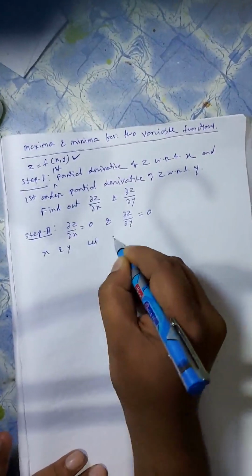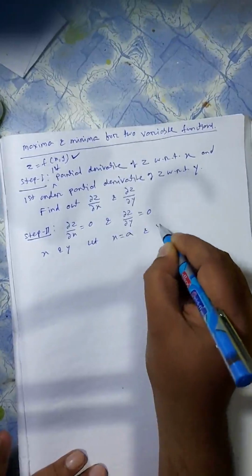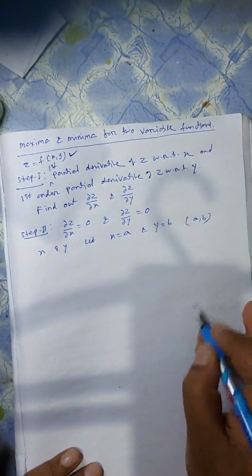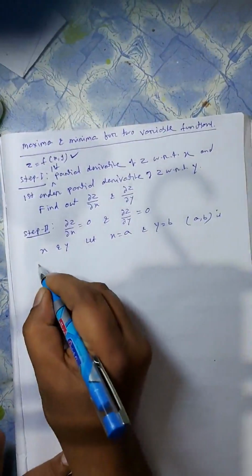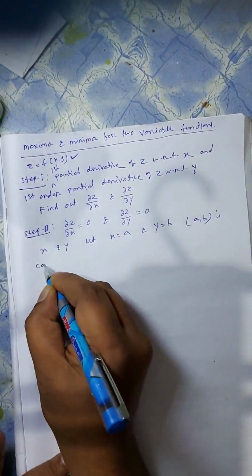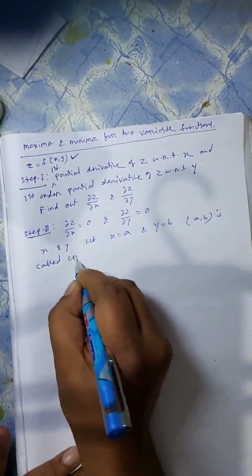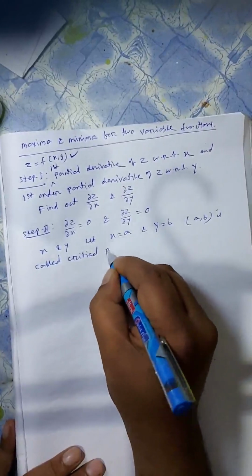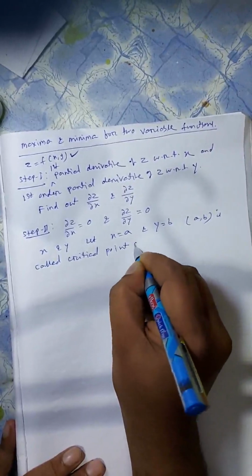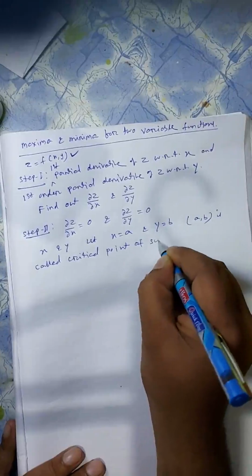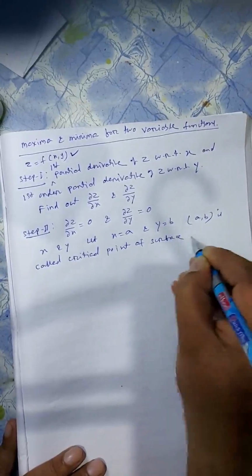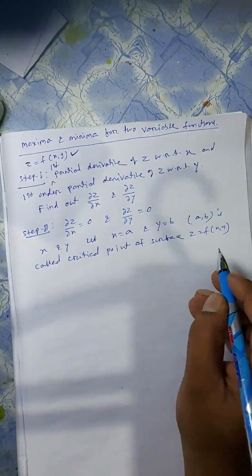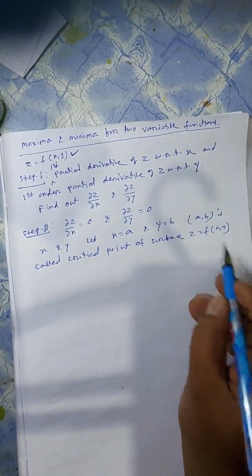Let the x value be a and the y value be b. Then (a, b) is called the critical point of the surface z is a function of x y.